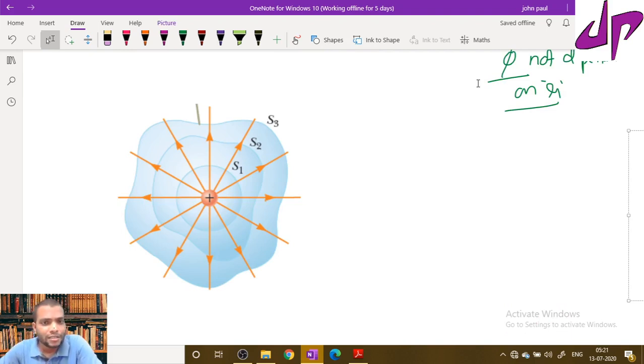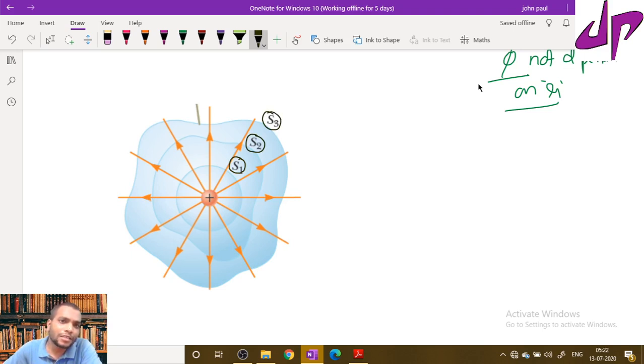So let's see some very important points before applying Gauss's law. Here is one positive charge. The positive charge is enclosed by different surfaces. You can observe surface S1, surface S2 and surface S3.